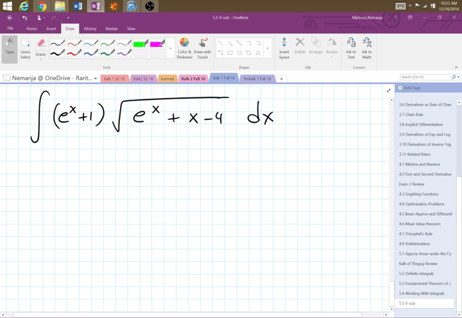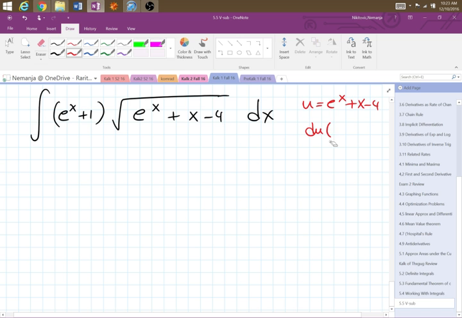So you will be integrating the integral of square root of u du. This is the answer. So u is e to the x plus x minus 4 because du, observe the correct use of parentheses here, because it has to be multiplied by dx.